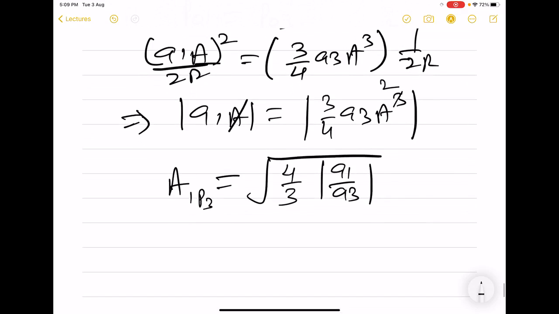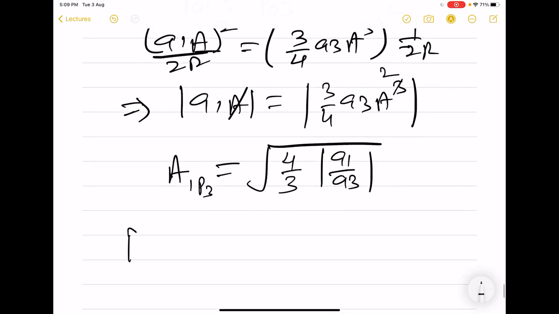So this is the amplitude of the input for which the third intermodulation product power will become equal to that of the ideal case for the fundamental, or the small amplitude for the fundamental when it is extended.